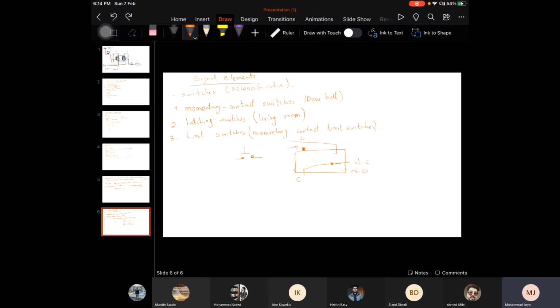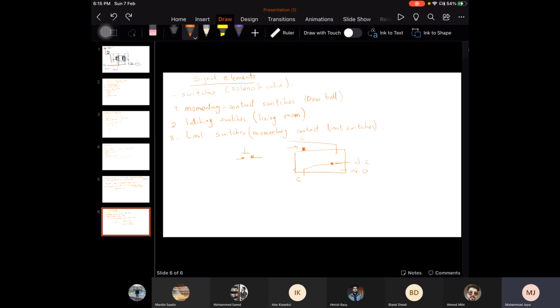So when the bottle touches this limit switch, the conveyor belt will be switched off, and the nozzle will be switched on for some time to fill up the bottle. In such applications, you can use a limit switch as a sensor. Understand? Okay. We will be working on it later on.